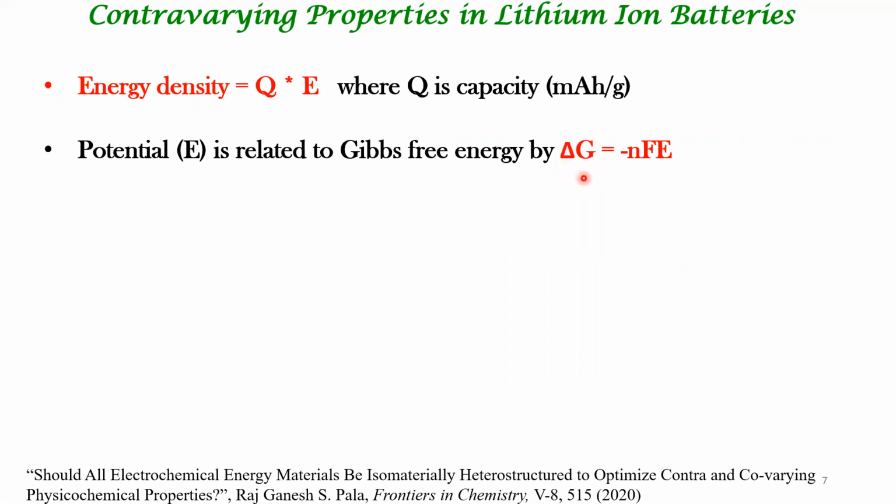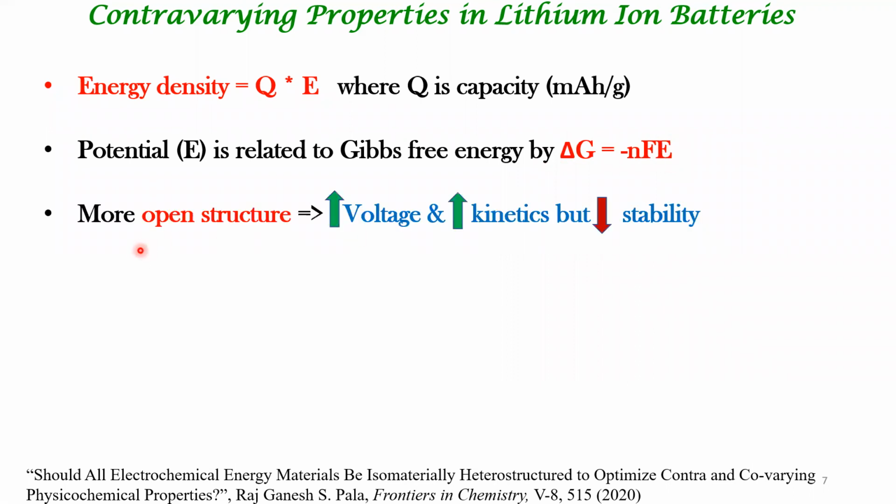If the exothermicity is more negative, you can get greater voltage from the lithium-ion battery. So typically, if you have more open structures, you can get greater voltages from the battery.